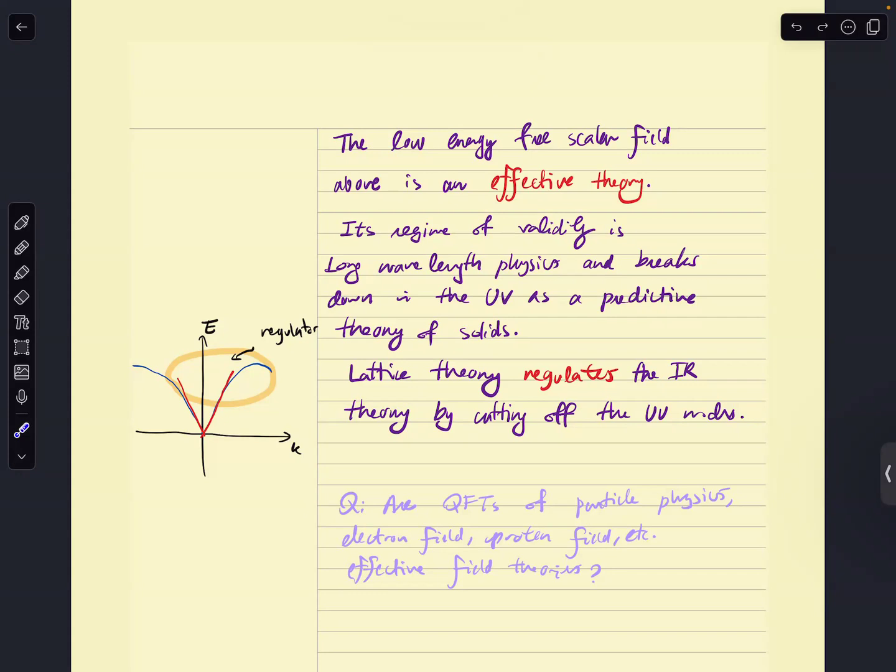Then we quantized it. We saw that the sound waves, due to particle-wave duality, correspond to a bunch of quantum particles called phonons. We constructed the Fock space, the multi-particle quantum field theory that describes these phonons. We saw it has a vacuum, which was just a direct tensor product of the vacuum of each harmonic oscillator.